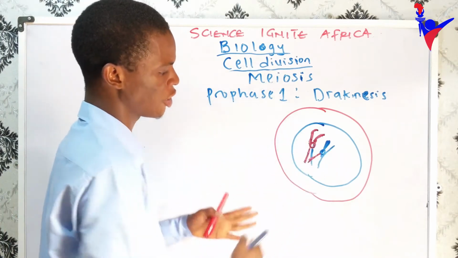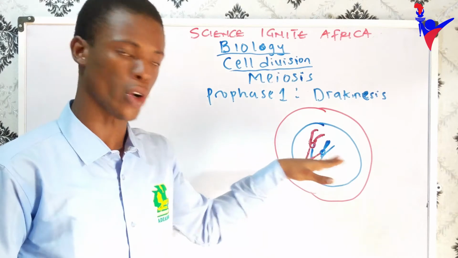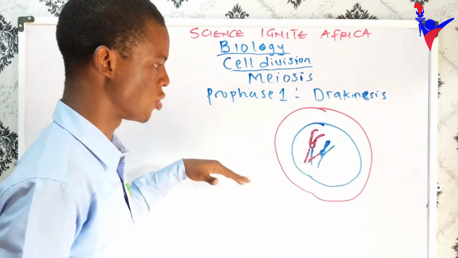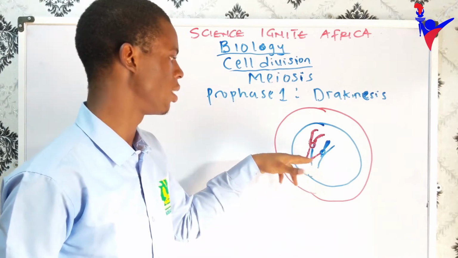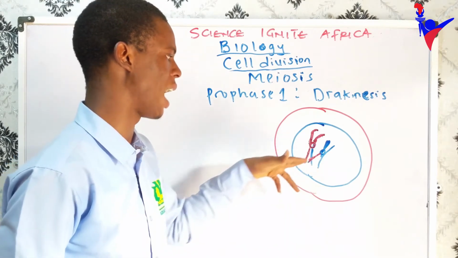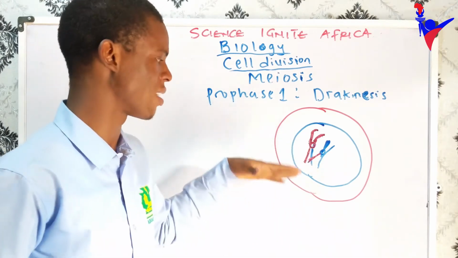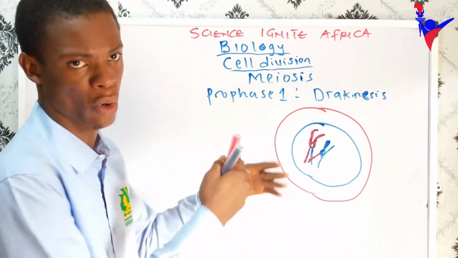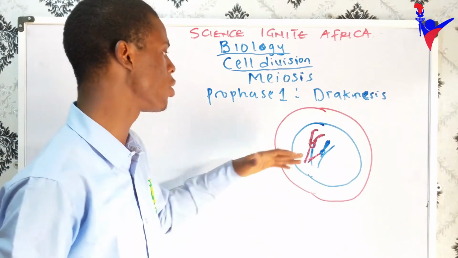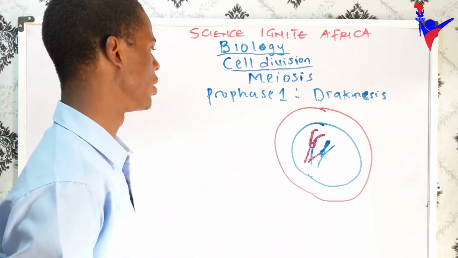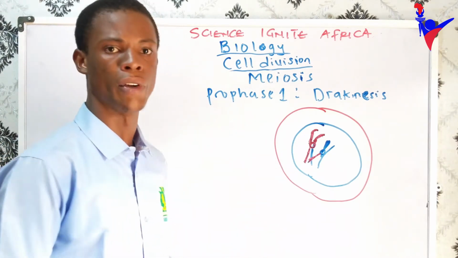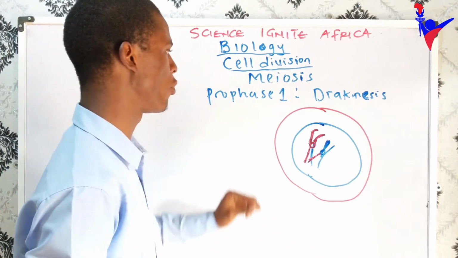You can see the blue chromosome and the red chromosome. The blue one has red chromatids, and the red one also has blue, as a result of the crossing over that has occurred. This crossing over leads to genetic variation, and it happens at prophase 1.